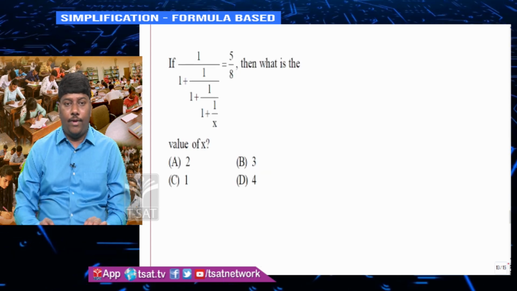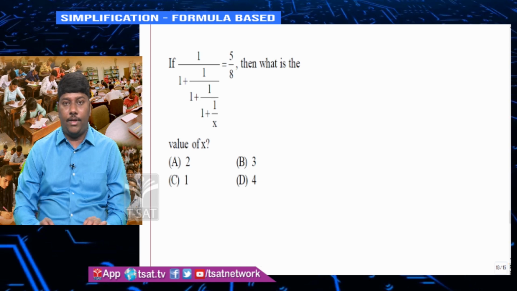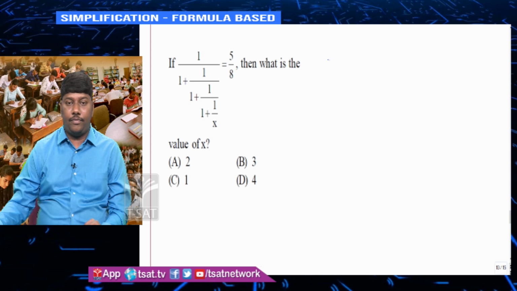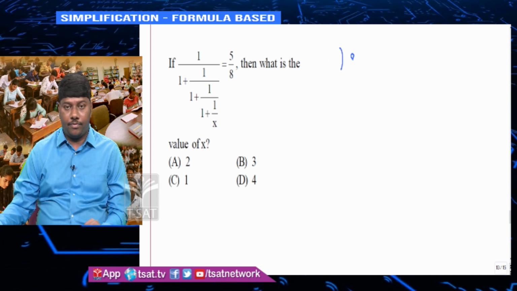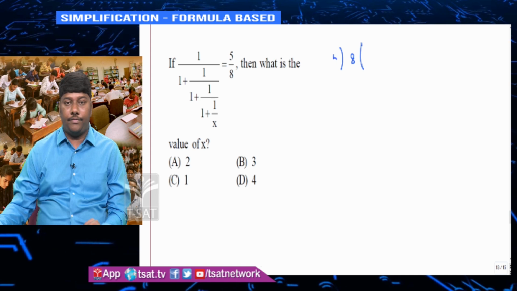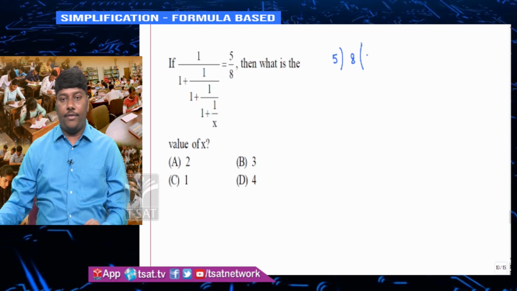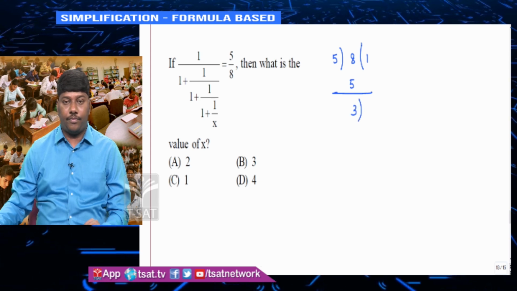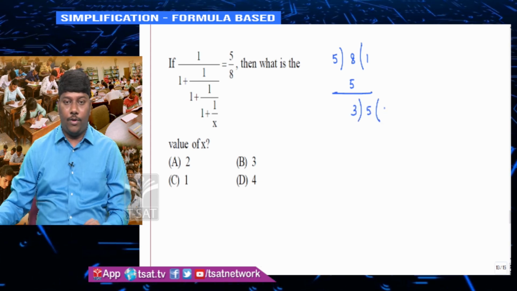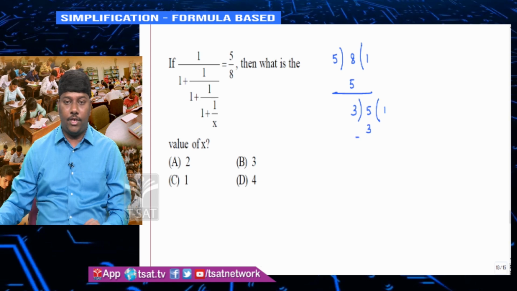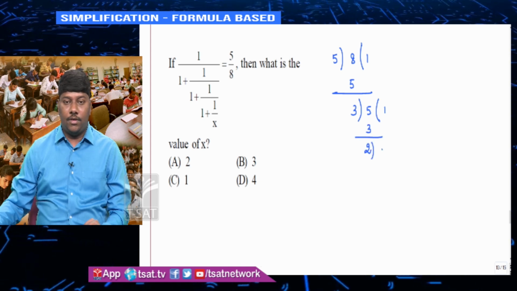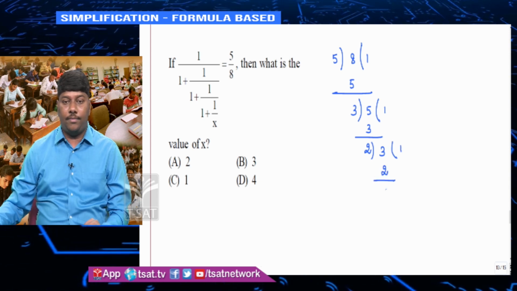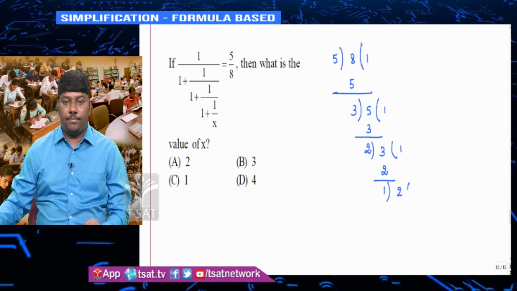Similarly, look at this sum: 1 plus 1 by 1 plus 1 by 1 plus x, finally 5 by 8. So first you simplify. Take the denominator and divide it by 5. 5 ones are 5, then again ones are. Remainder is 3. Then 3 becomes the dividend, remainder is 2. 2 becomes the dividend, remainder is 1.